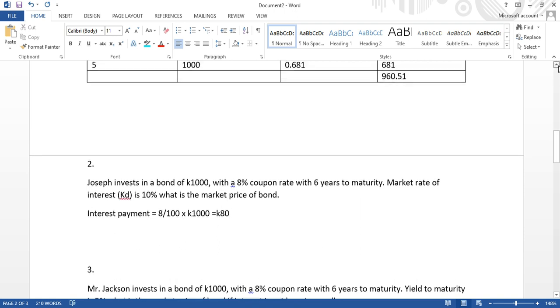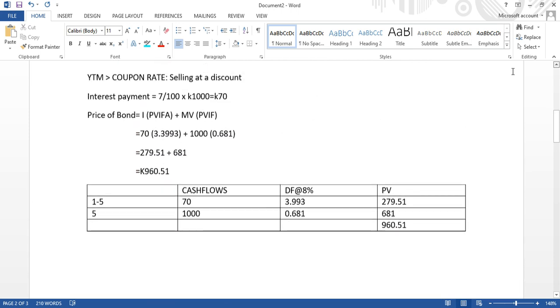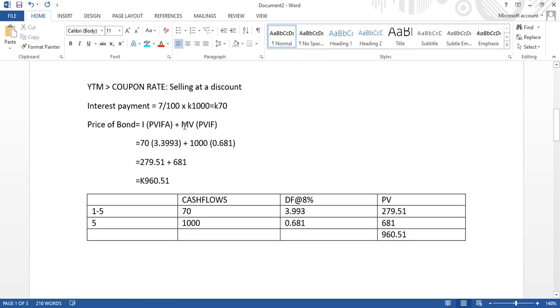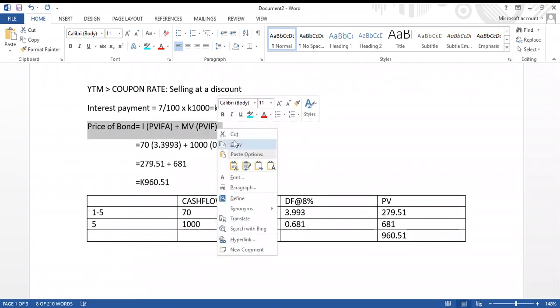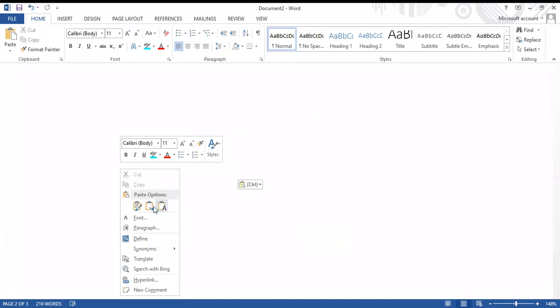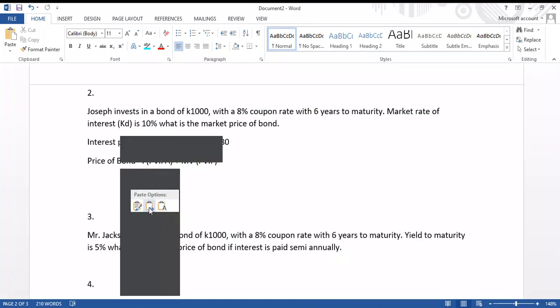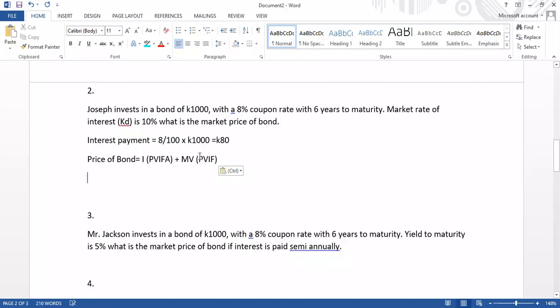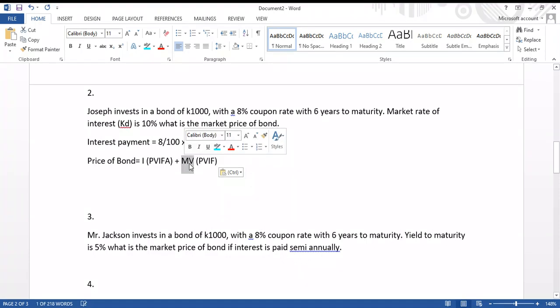So after we get our interest payments, now we can use either of the two. I like to use the formula. So we say price of bond is the interest payment multiplied by the annuity factor, because the interest payments are an annuity, plus the maturity value.